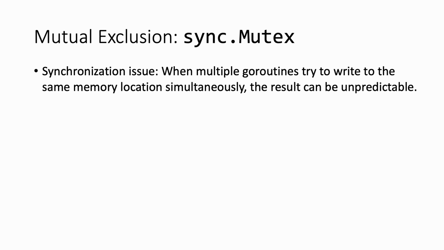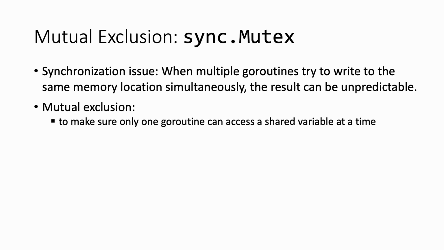When multiple Go routines try to write to the same memory location simultaneously, the final result can be unpredictable, and sometimes it can cause a fatal error. Go's solution to the synchronization issue is mutual exclusion, which is a mechanism used to ensure that only one Go routine can access a shared variable at a time.